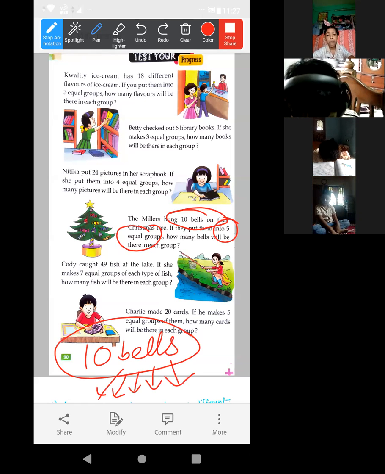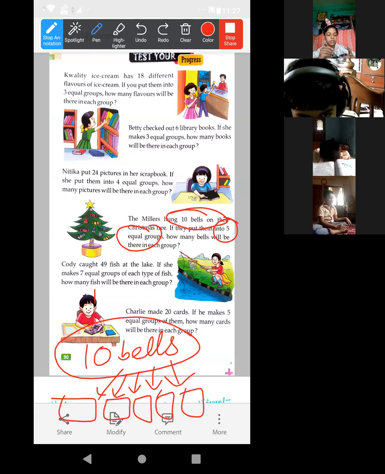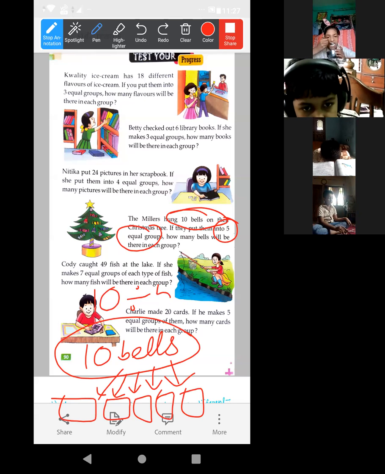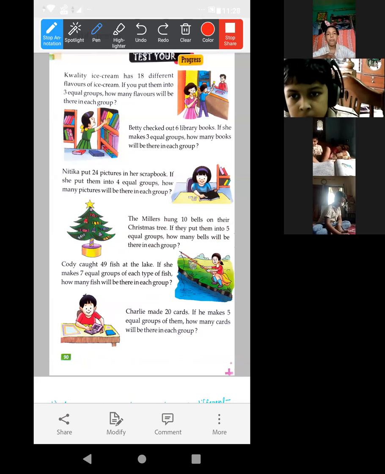Now in each group, how many bells will be there? Just 10 divided by 5. I think this one is clear to all of you. If yes, then you can shake your head. Okay, Ankon, good.